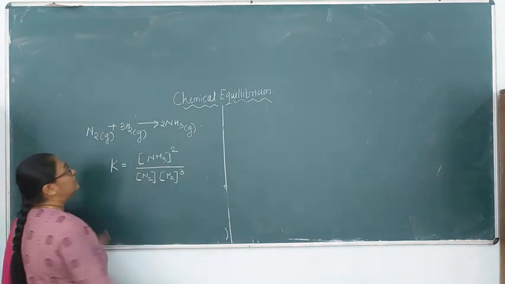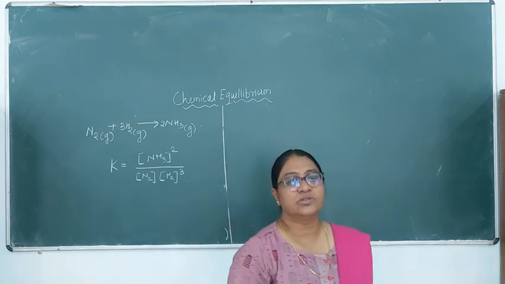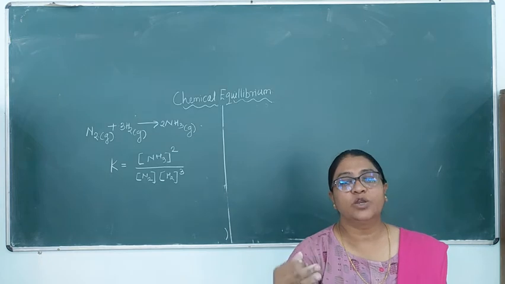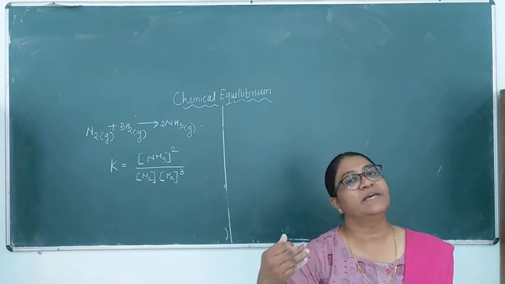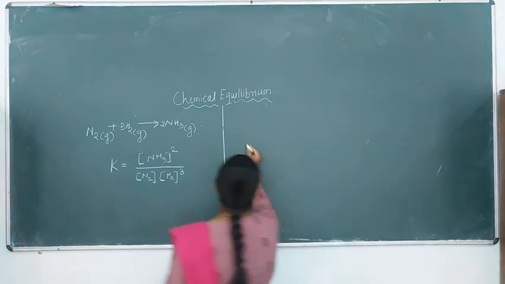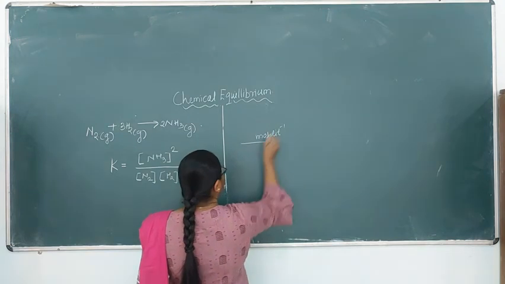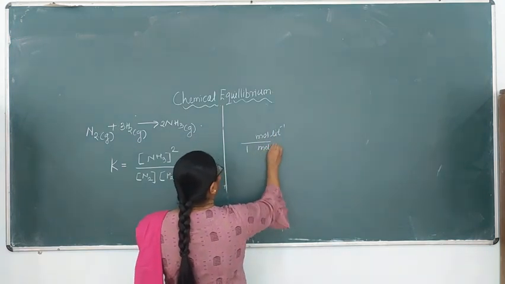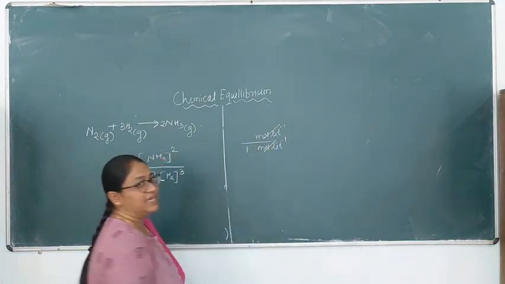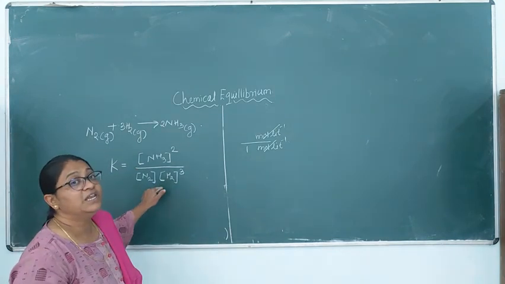This is the equilibrium constant for this reaction, but here we have considered their concentrations in moles per liter, and their concentrations are divided by the standard concentration, that is 1 mole per liter. If the concentration is somewhat moles per liter, it is divided by 1 mole per liter. So this unit gets cancelled, and whatever concentration is there, in this term the concentrations are expressed in the equilibrium constant equation.